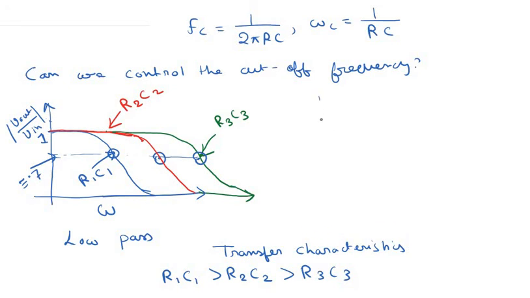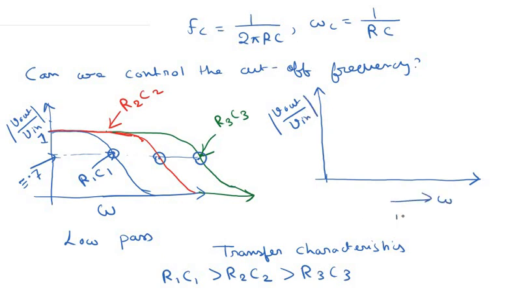Similarly, if we plot the transfer characteristics for a high pass filter, we can get a similar kind of characteristics. So this is again V out versus V in, and this axis is omega, and we are plotting it for the high pass case. So this was our low pass filter here, and this is for the high pass filter.